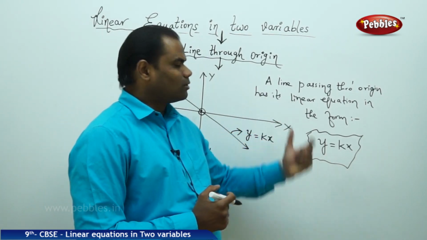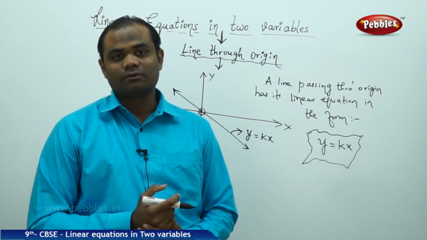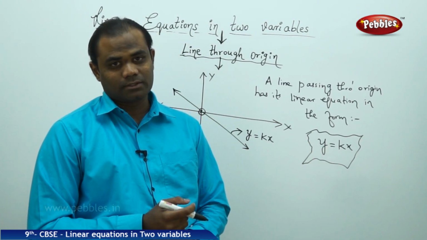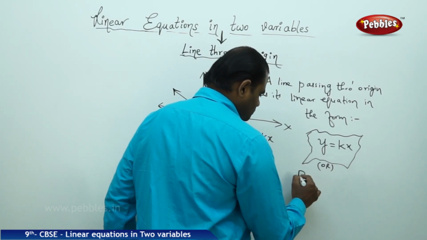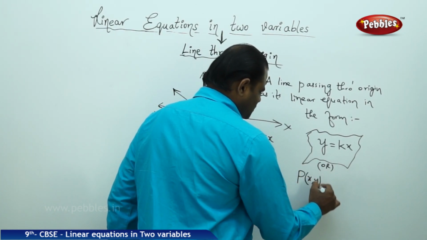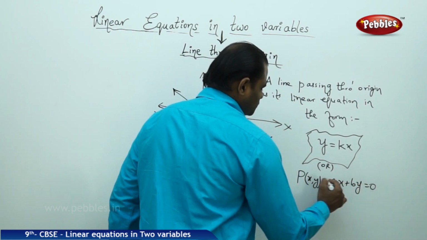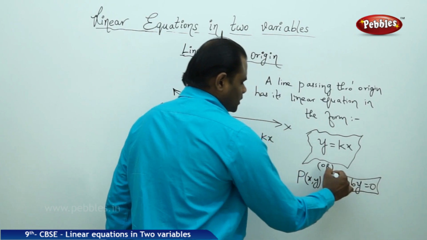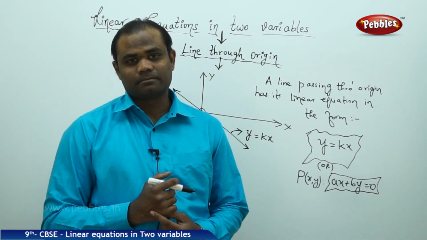A line passing through origin always has its linear equation in the form y is equal to kx, or it can also be written in the form ax plus by equal to 0. That is how I understand a linear equation passing through origin.